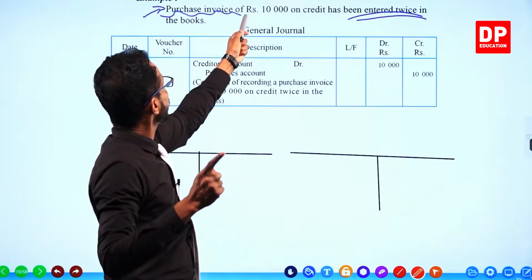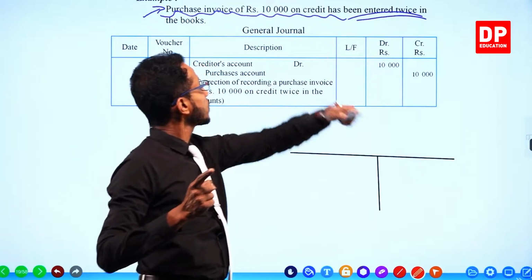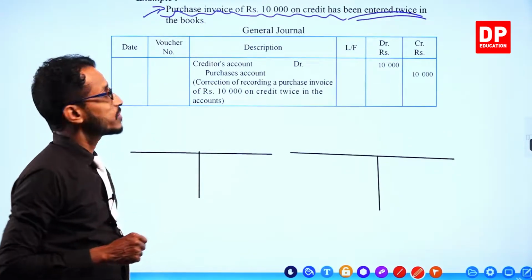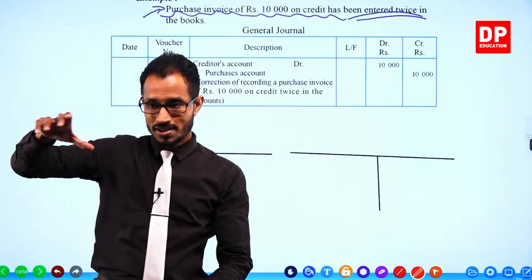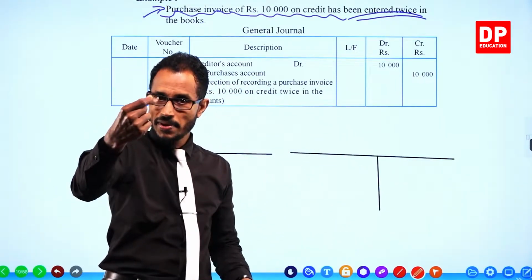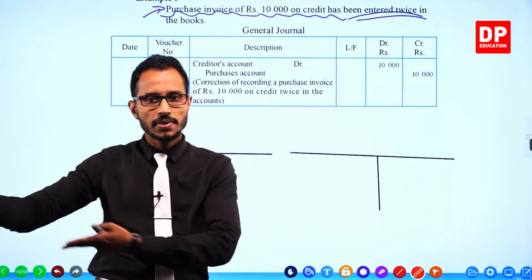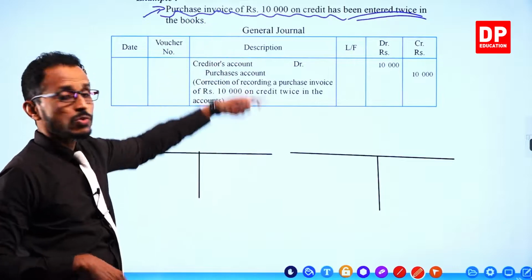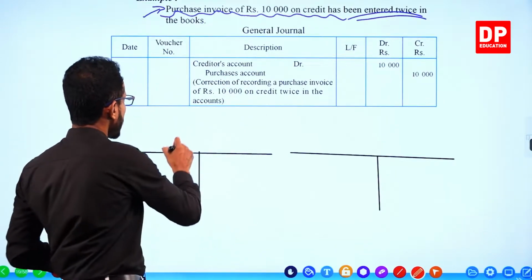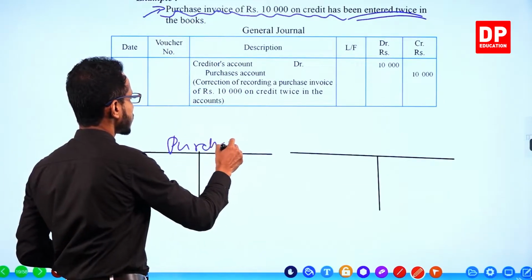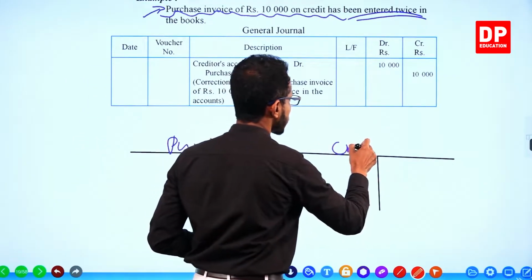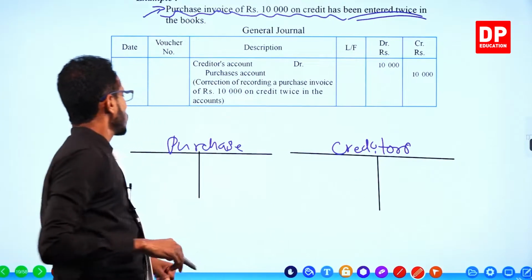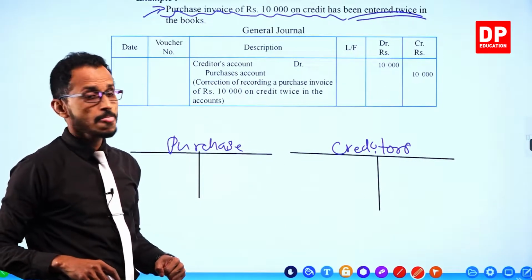Purchase invoice of 10,000 on credit basis, which means we have purchased goods, not paid cash. Then purchases increase and creditors also increase. So the two accounts are the purchases account and the creditors account. These are the relevant accounts.